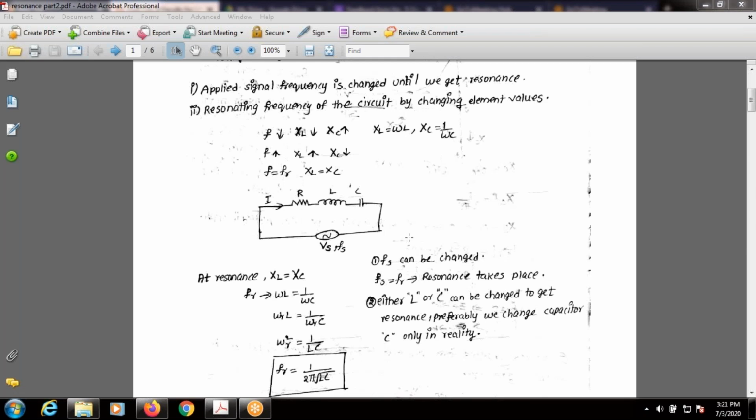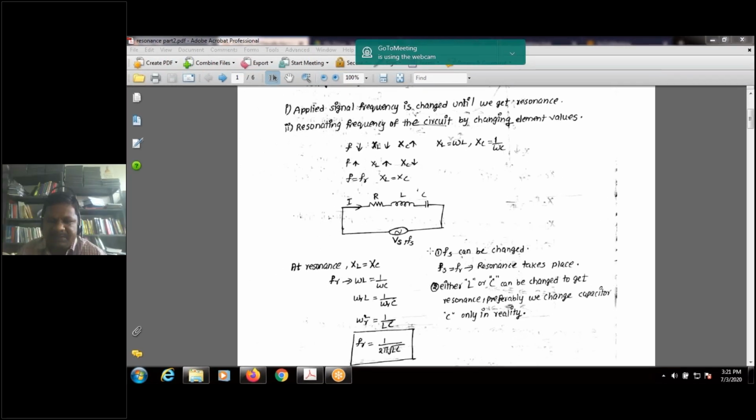Okay, here in this circuit, Fs can be changed. Fs is the frequency of operation, which can be changed, right? At Fs is equal to Fr, signal frequency is equal to resonant frequency. Okay, resonance takes place in the circuit.